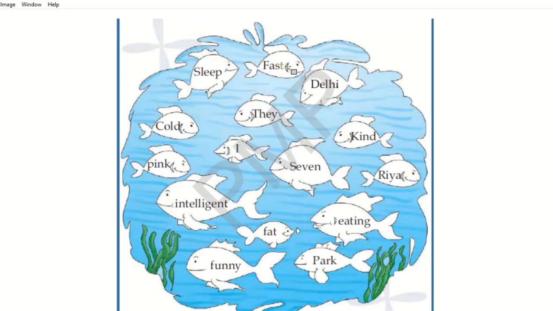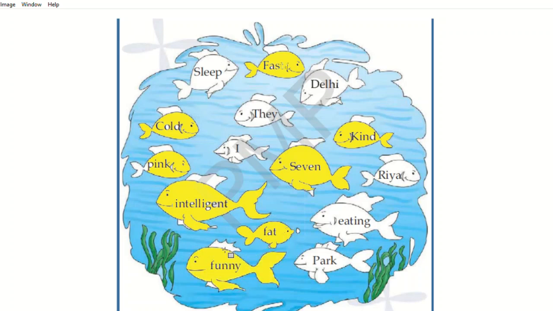Let us find the describing words. Fast, cold, pink, intelligent, seven, kind, fat, funny.